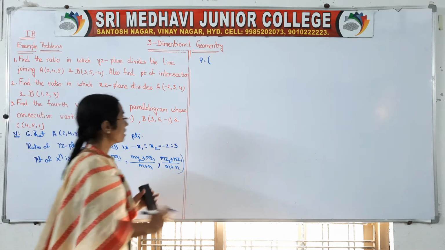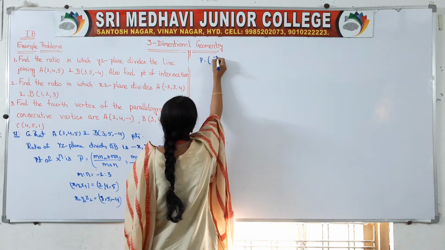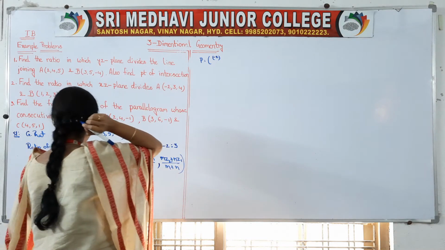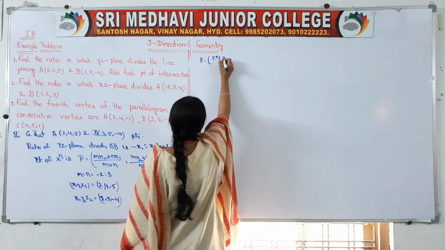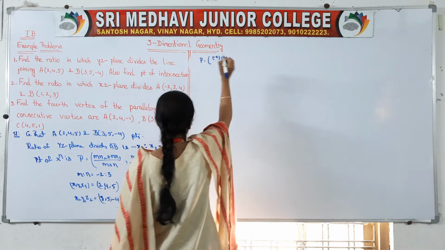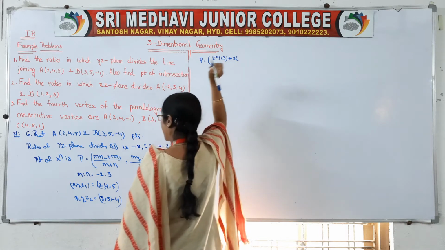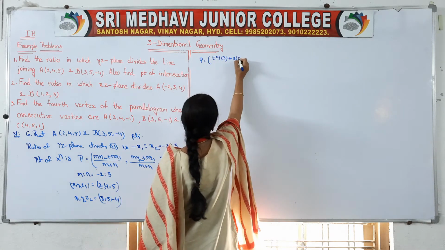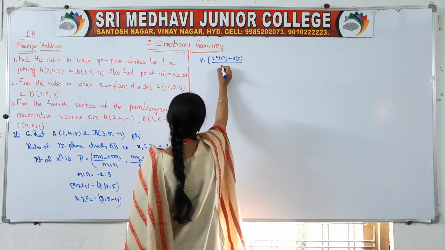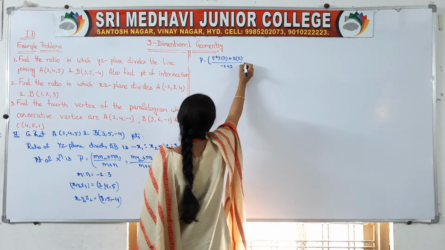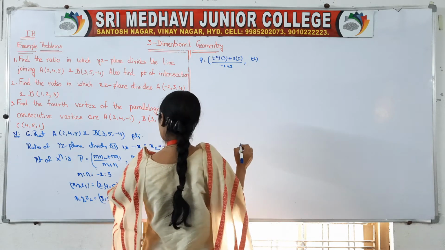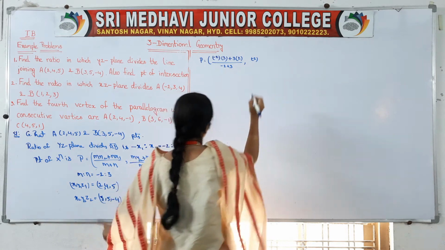m is minus 2, right? So minus 2 into x2. What is your x2 here? x2 is 3. Okay, so next plus n x1. What is n? That is 3, right? x1. What is your x1? 2. Okay, divided by, come on, m plus n, that is minus 2 plus 3. Next m minus 2, right? m y2 means 5.